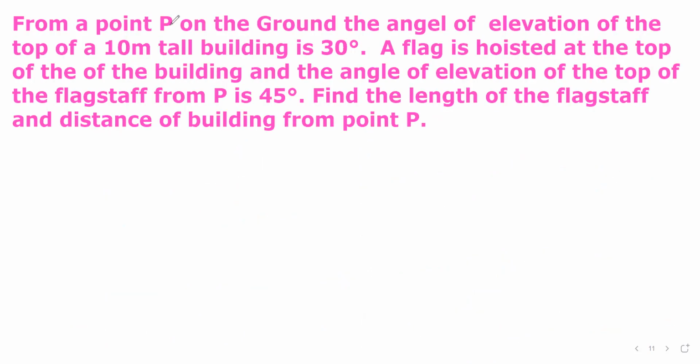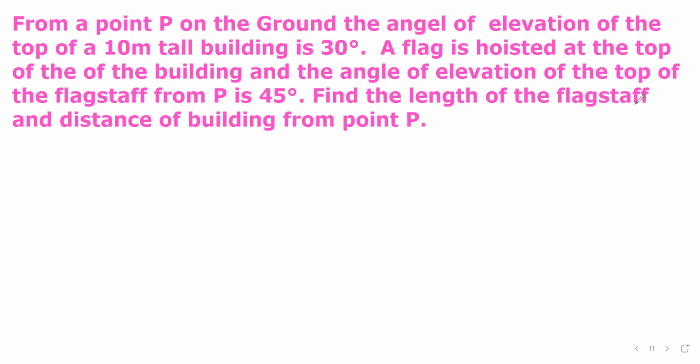From a point P on the ground, the angle of elevation to the top of a 10-meter tall building is 30 degrees. A flag is hoisted at the top of the building, and the angle of elevation of the top of the flagpole from P is 45 degrees.